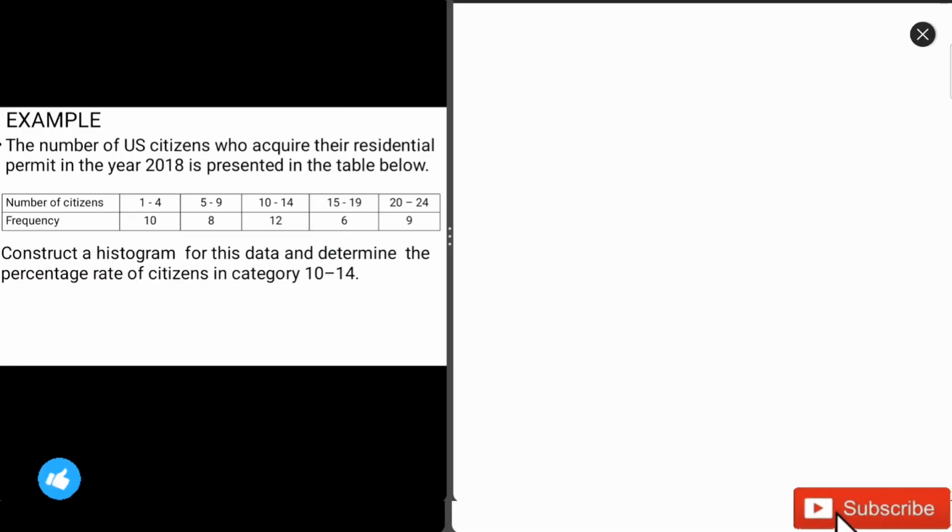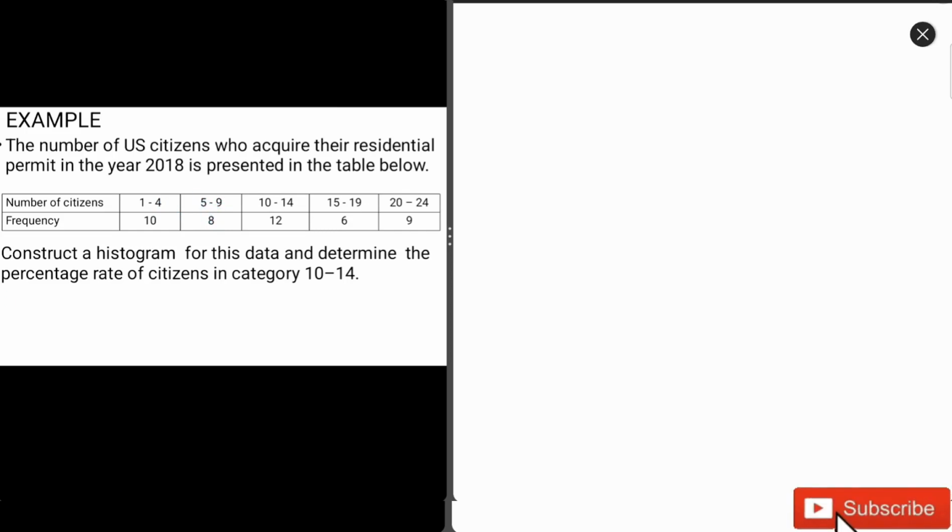Before we can actually construct a histogram for this set of data, we must first find out our class boundary for the various classes of number of citizens. So to find the class boundary of this particular set of data, first you take the upper class limit of the first class and subtract it from the lower class limit of the second class.